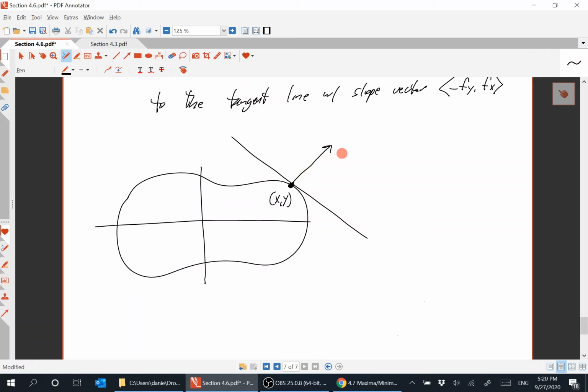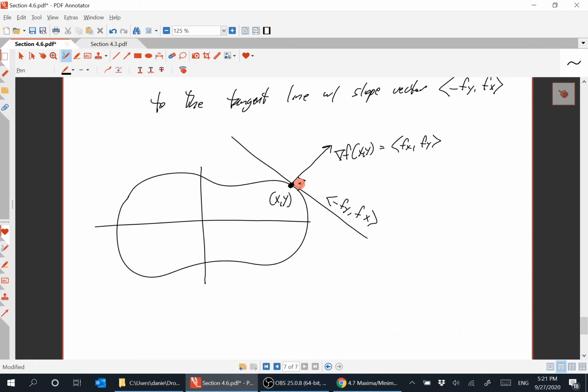This is the gradient vector, the vector f_x, f_y, and this is the tangent, which is minus the partial with respect to y, comma, the partial with respect to x.